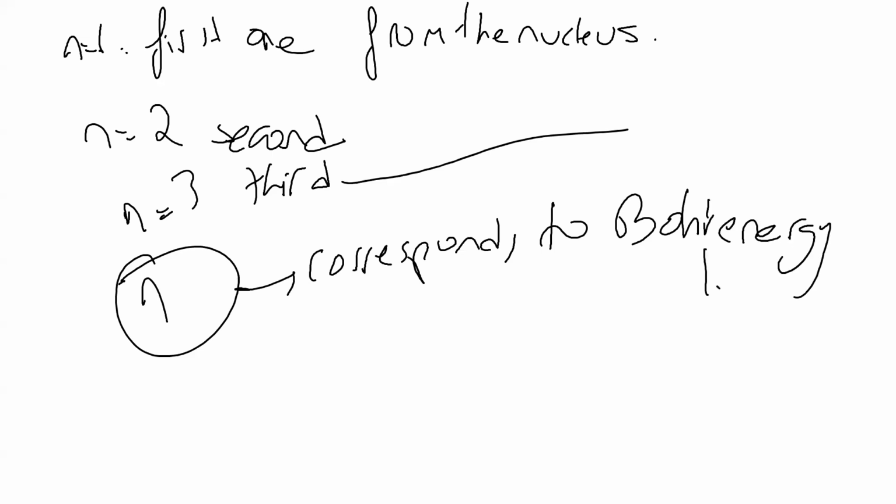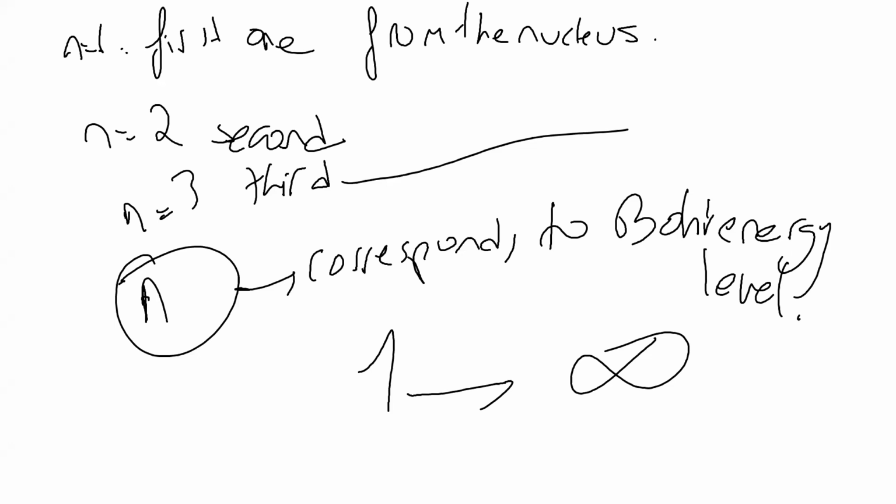If you remember, or I don't know if you studied about the Bohr energy level, he used to speak about it when he spoke about the energy level, which defines the energy of the orbital and the dimension of the orbital. He meant by n the first one. So all of these are the things that you should know about n. It can start from 1 ending into infinity as value, and it corresponds to the Bohr energy level.